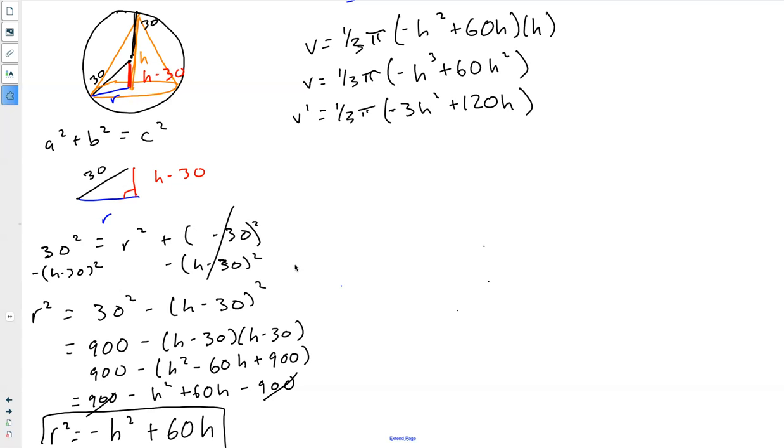Let's go ahead and find our second derivative as well. So v double prime. And again, we're going to leave the 1/3 pi alone. And the derivative of negative 3h squared is negative 6h plus 120.